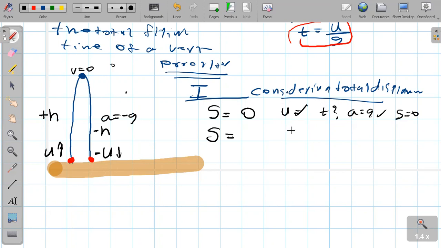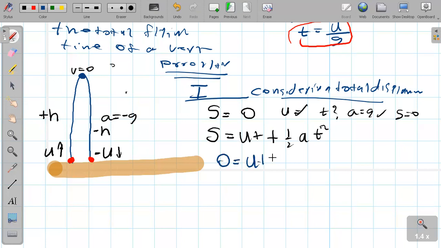I have the data, so you can use S equals ut plus half at squared. What is the displacement? 0.